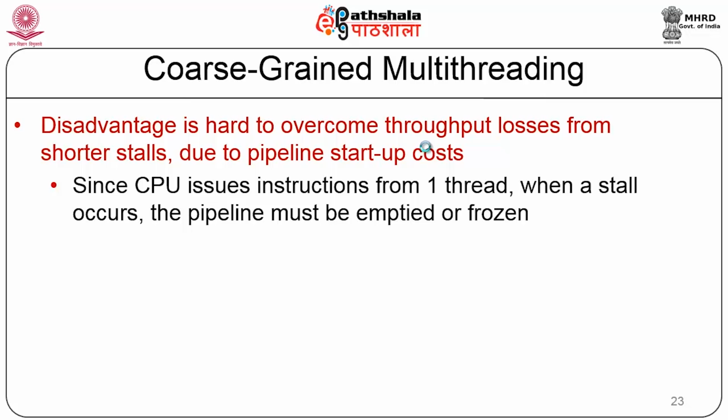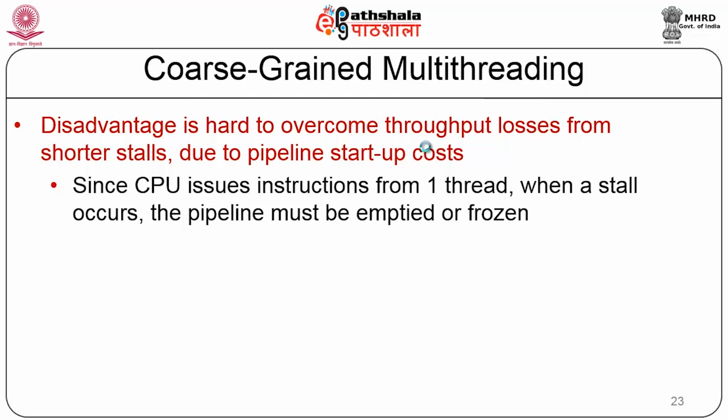So normally instructions only from that thread are prefetched. When this thread stalls and you switch over to a different thread, you may not have instructions available for execution, so you will now have to go and fetch these instructions.